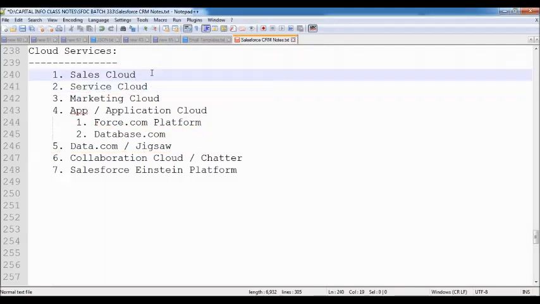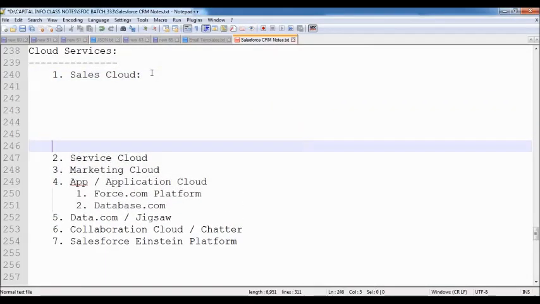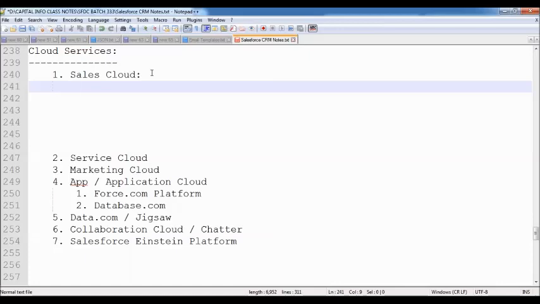Now, the first one, Sales Cloud. What exactly is Sales Cloud? Sales Cloud provides a set of features, a collection of functionalities through which we can automate all the sales processes which we follow inside our organization.